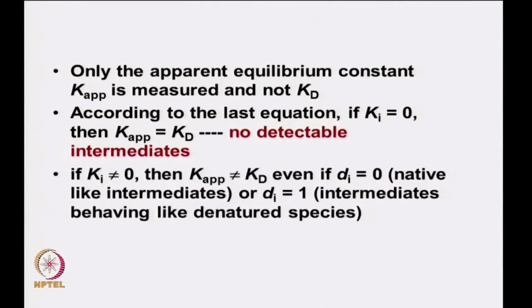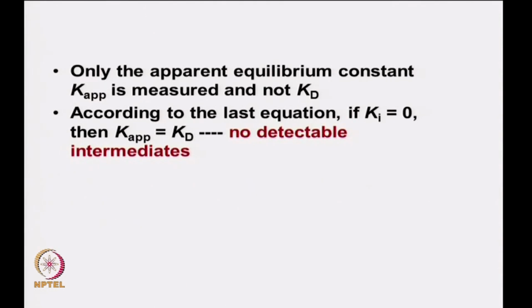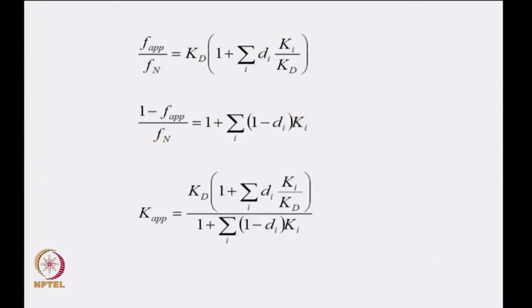Now, if Ki is not equal to 0, then K apparent obviously is not equal to Kd, even if Di is equal to 0. Now, this you have to understand. Even if Di is equal to 0, you still have Ki remaining. That means even if Di is equal to 0, your K apparent still depends upon Ki. Okay.